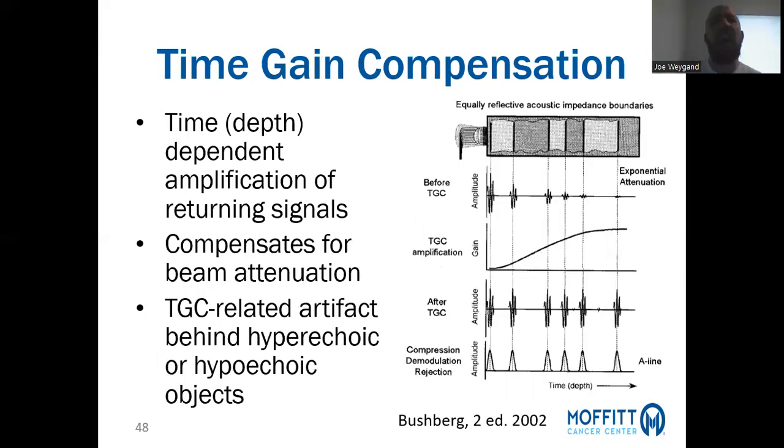The last category of artifacts are those due to time gain compensation, which, remember, reflects a depth-dependent amplification of the returning signals, which compensates for beam attenuation. Basically, the time gain compensation related artifacts show up behind either hyperechoic or hypoechoic structures, where the attenuation no longer perfectly corresponds to the depth.